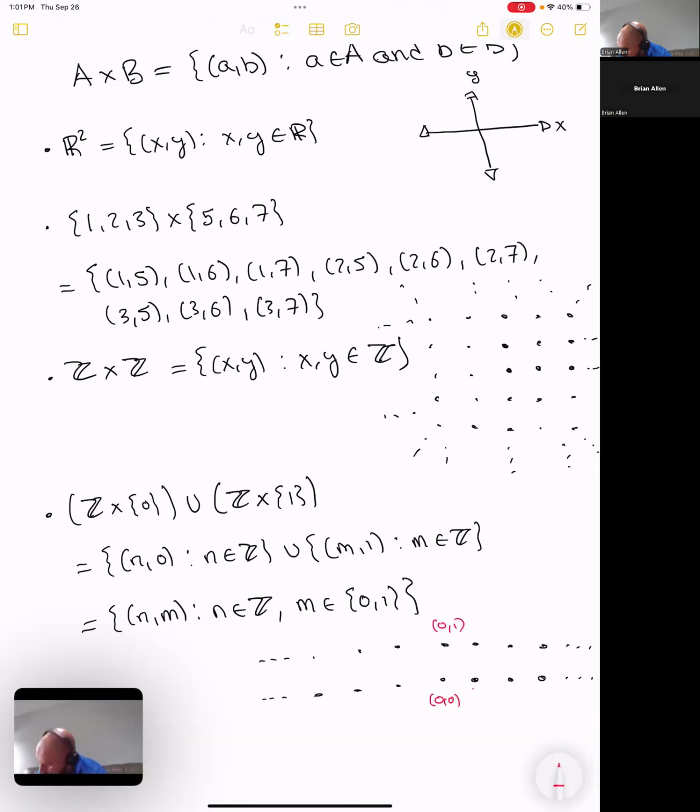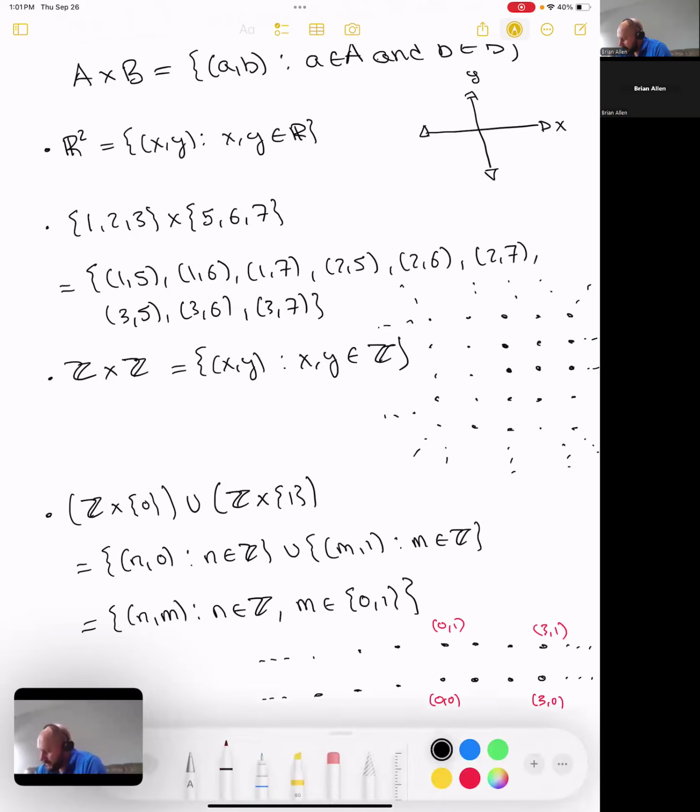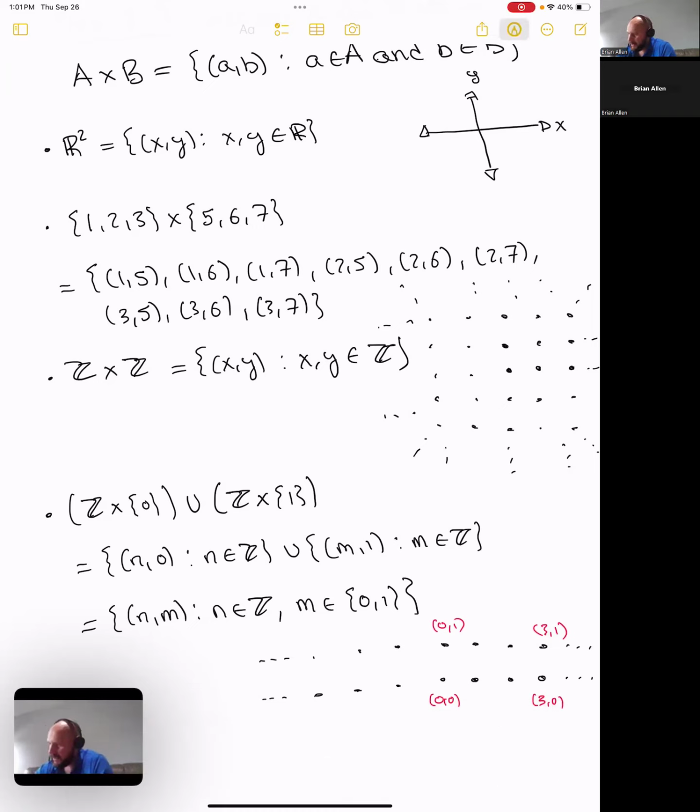This is (3, 0) and this guy is (3, 1) and so on and so forth. Okay, I don't want to get too carried away with some of these examples, but it's helpful to see several different things there. And this will be important, especially when we talk about functions, because this will give us some ways of talking about functions from different spaces to different spaces, which can be quite interesting.